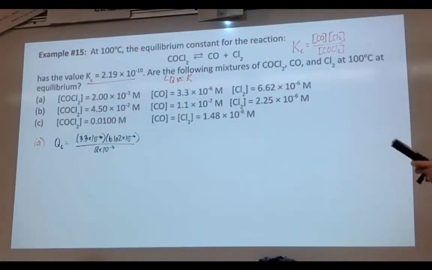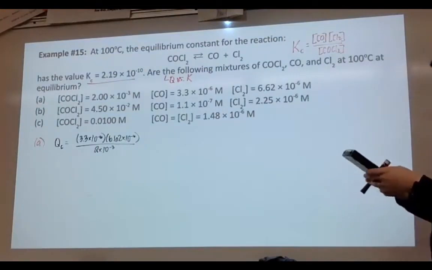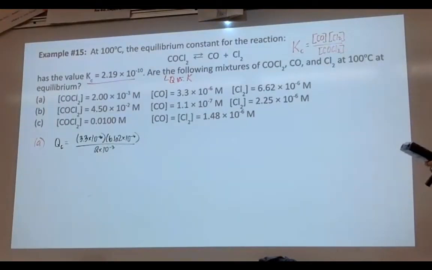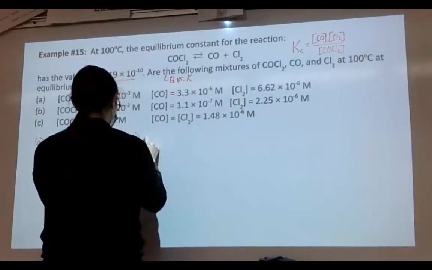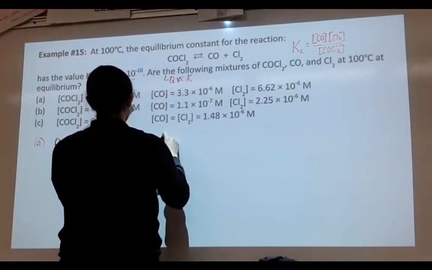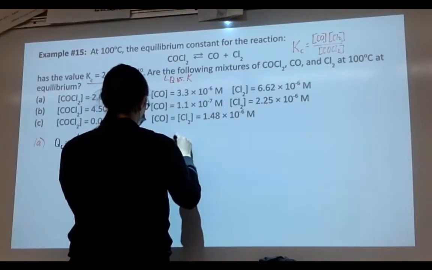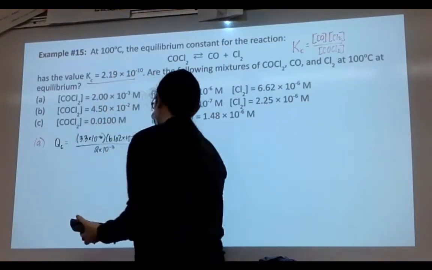So 3.3 e to the negative 6 times 6.62 e negative 6, and I'm going to divide that by 2 e negative 3. 1.09 times 10 to the negative 8. There's Q.